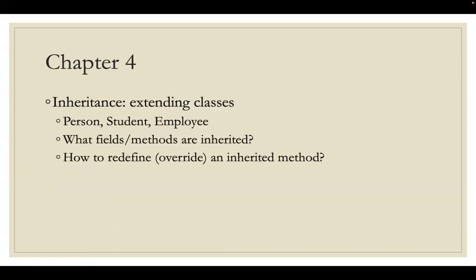And then from there, we went to inheritance, where we can extend classes. So now that we can talk about classes, we can extend them. And we talked about inheritance, what sort of things get inherited, and how do we redefine a method to get it to do something different here rather than in the superclass.